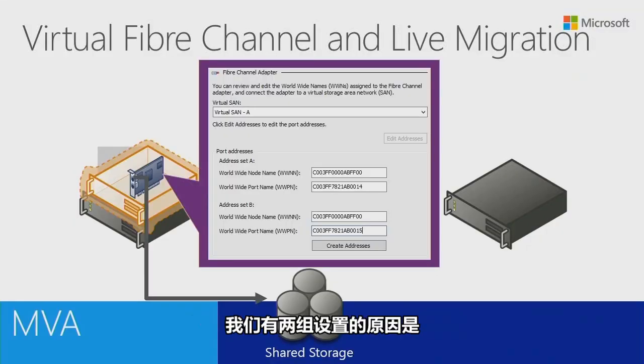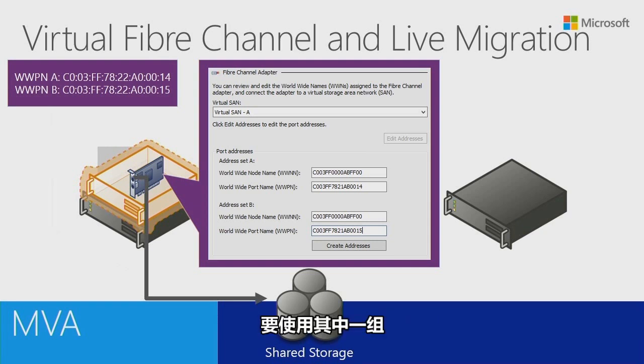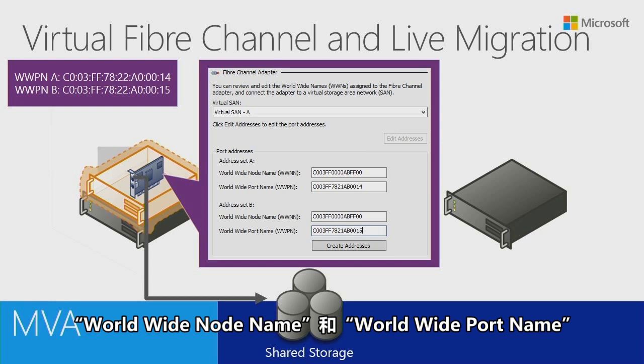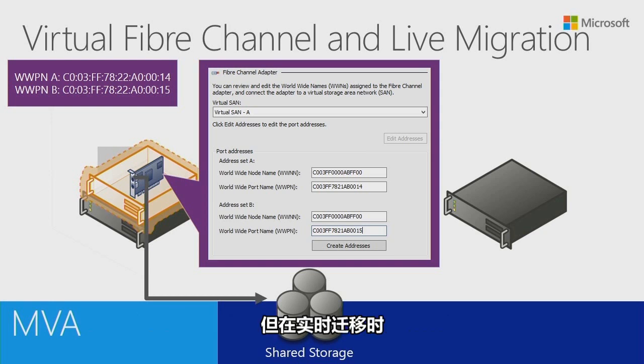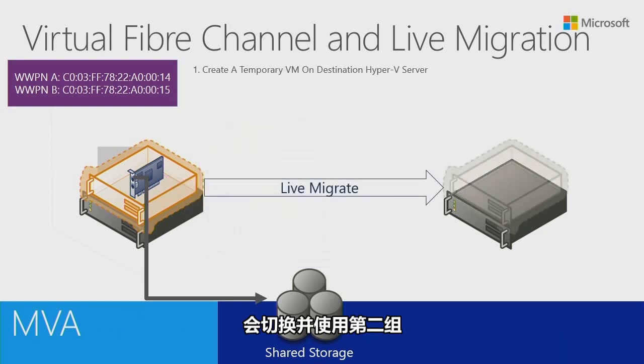With Server 2012 and virtual fiber channel, the reason we have two sets here is that when the VM is running, it's going to use one set of worldwide node names and worldwide port names. But when I live migrate it, it's going to switch and use the second set.